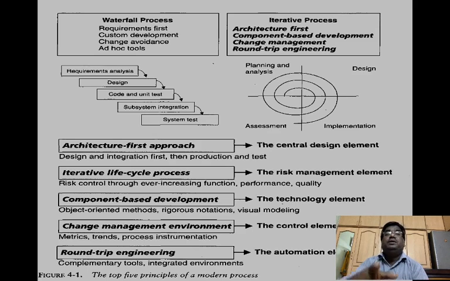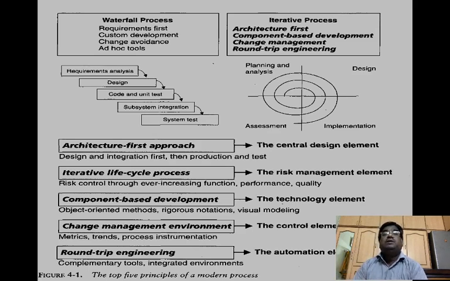Once it is over, we go for design, and the architecture is prepared. Then implementation, assessment and testing, and product release. It will be iterative. Iterative means we will do several rounds, like iteration 1, iteration 2, iteration 3, and so on. N iterations are performed. During the nth iteration, the final product is released.